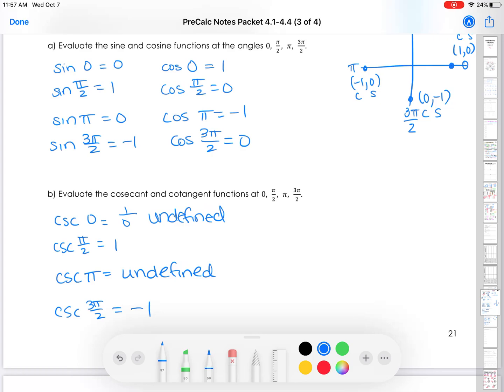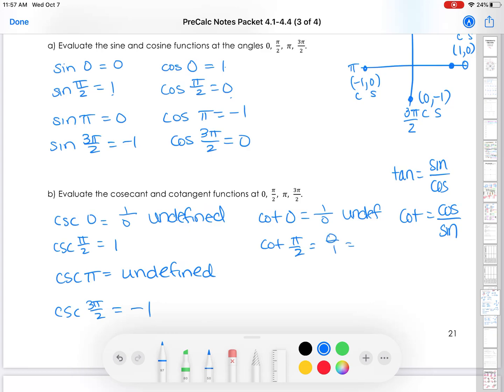Now, cotangent is really the flip of tangent. So if we know that tangent is going to be sine over cosine, we know that cotangent is going to be cosine over sine, right? Just flipping it over. So if I want cotangent of 0, cosine is 1, sine is 0, that's 1 over 0, that's undefined. If I want cotangent of pi over 2, that would be cosine over sine, that's 0 over 1, or just 0.